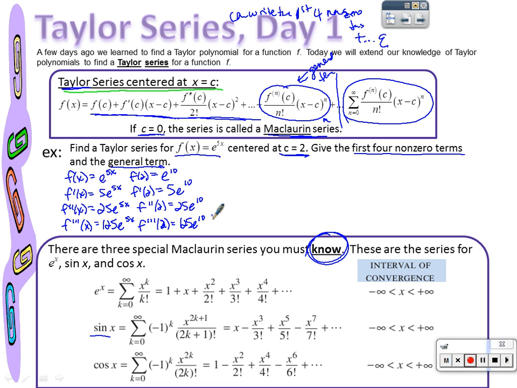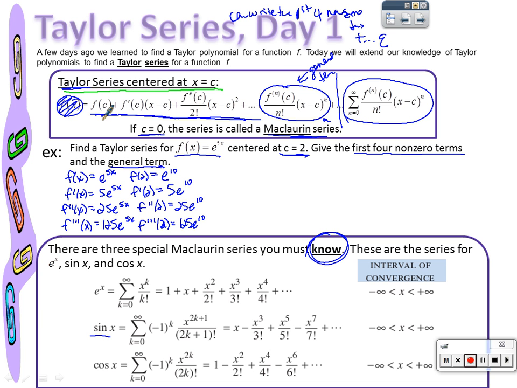So we're creating this series from scratch. We set it up very much like we did the Taylor polynomials. We set it up the same way. So let's write it. You do not have to write this part. You don't have to worry about that.